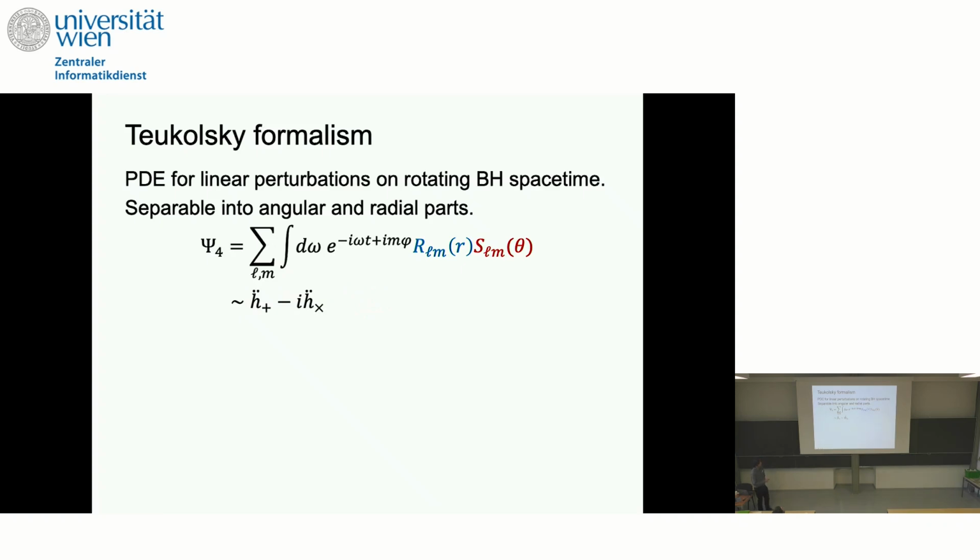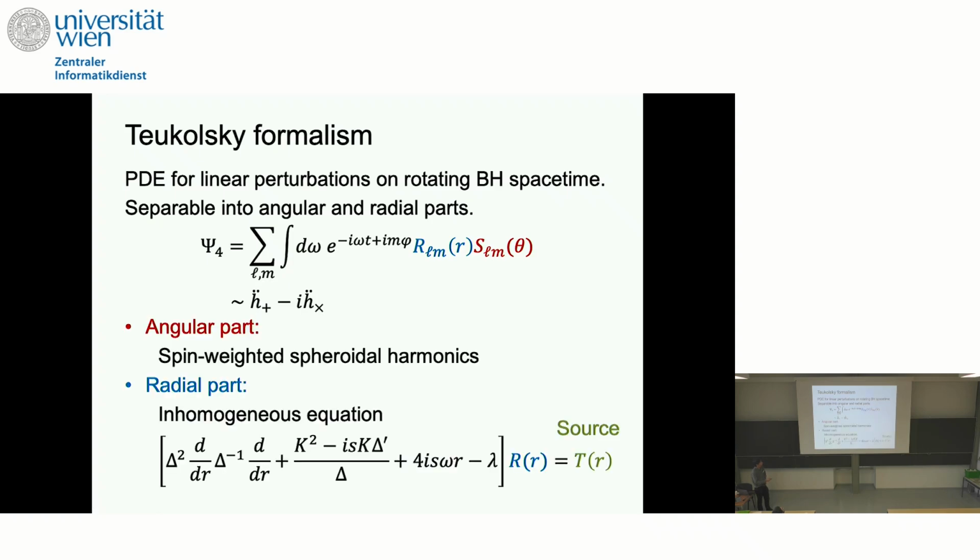Strictly speaking, we are interested in this strain, but in this talk I mainly focus on psi4. You can convert psi4 to the strain by multiplying by some known inverse operator.